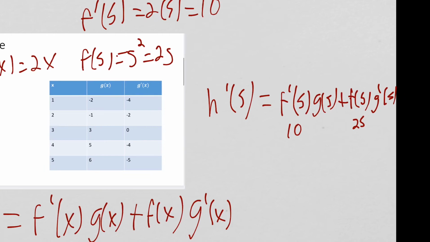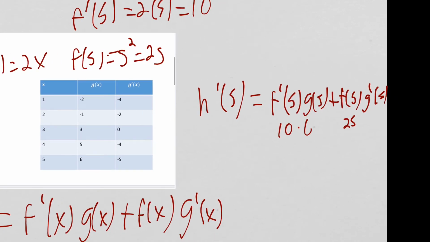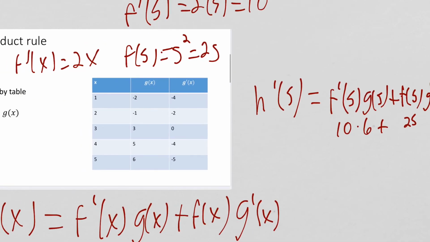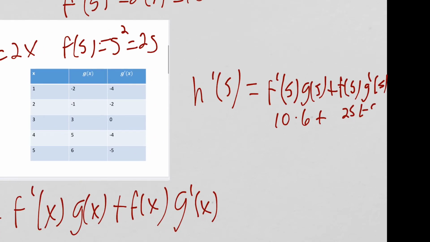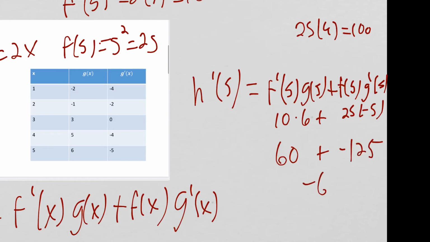G of 5 equals 6. So we have 10 times 6 plus 25 times g prime 5. G prime 5 is negative 5. So we do 25 times negative 5. Okay, 10 times 6 is 60 plus 25 times negative 5. It may seem like this is a hard one to do in your head, but it's actually easy to multiply by 25 because 25 times 4 is 100. So 25 times 5 is just going to be 125. So this is plus negative 125. So then that should simplify to negative 65.